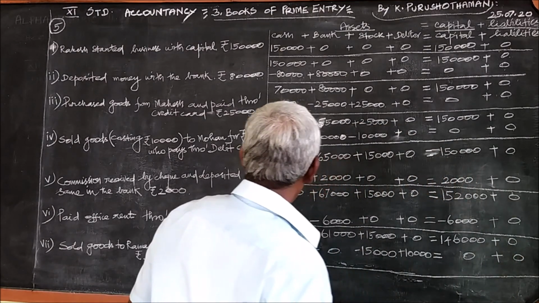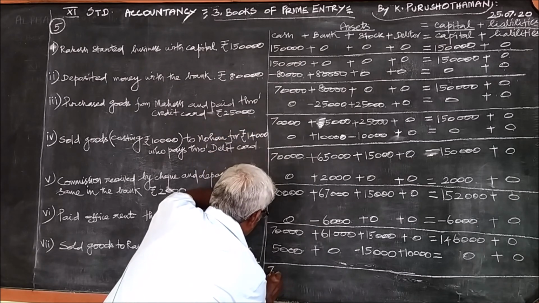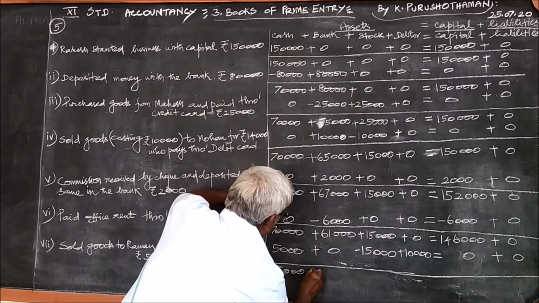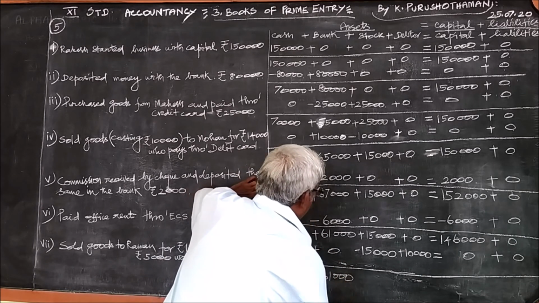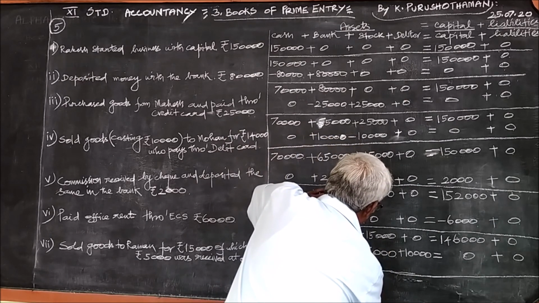Now we can add and write: 70 plus 5, 75,000. 61 plus 0, 61,000. 15 minus 15, 0.